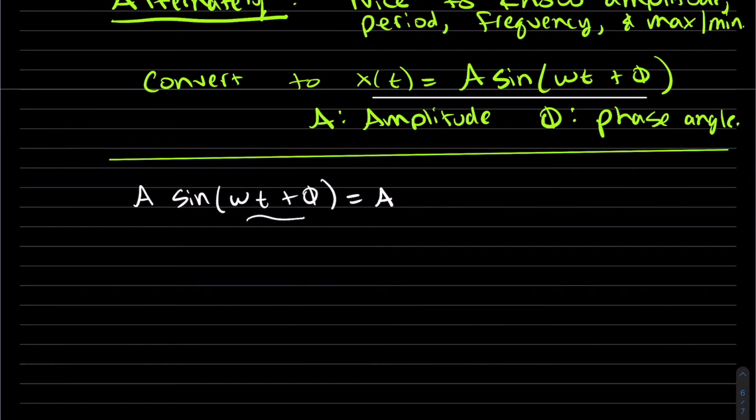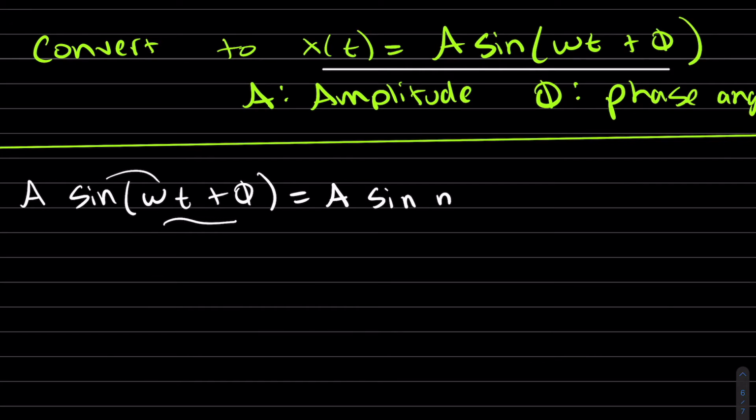So A will be in the front of both of them. It'll get distributed. And basically it starts off with the sine of omega t, and then it pairs with the cosine of phi. And sine is the same sign. A gets distributed, and then we flip. It's the cosine of omega t, sine of phi. Okay, so there's that equation.